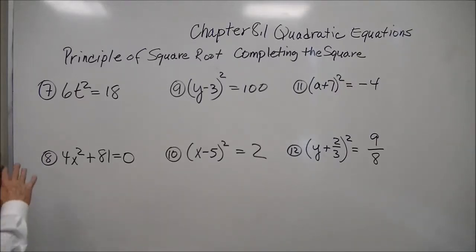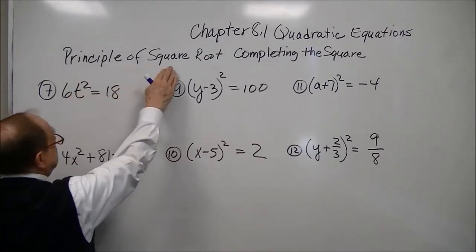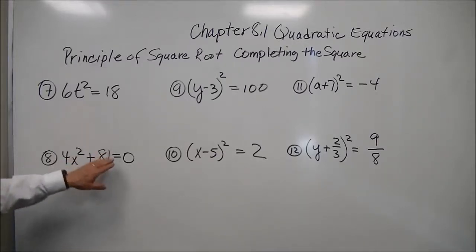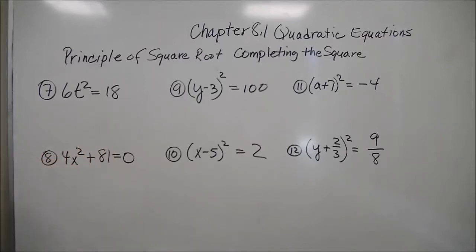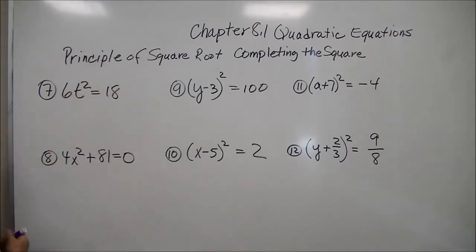Okay, as we look at this board, we're going to be using the principle of square root. As you look at an equation and you need to solve it, because these are all equations because of the equal signs, you have to figure, what strategy do I use? Again, we're using this primarily here.